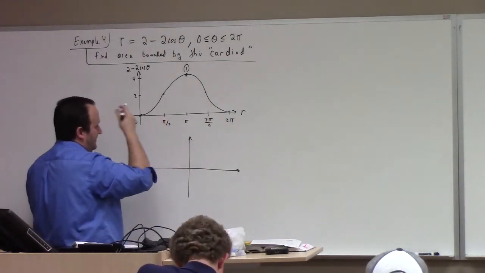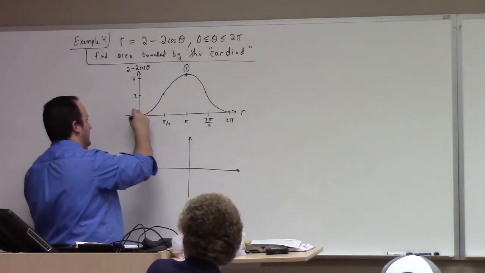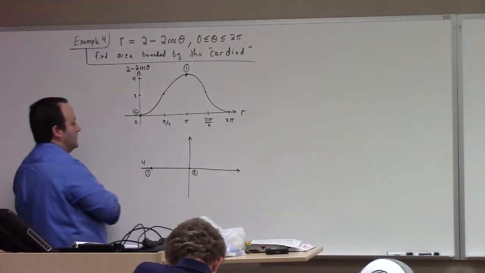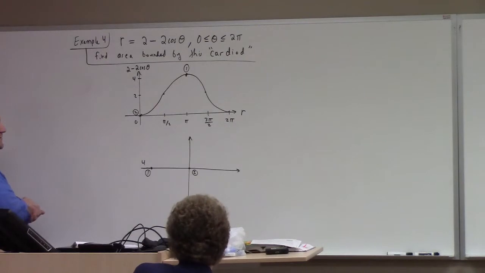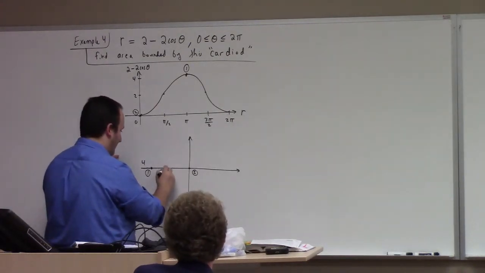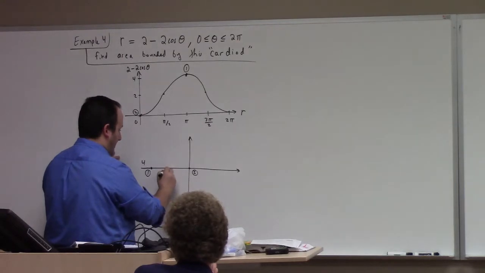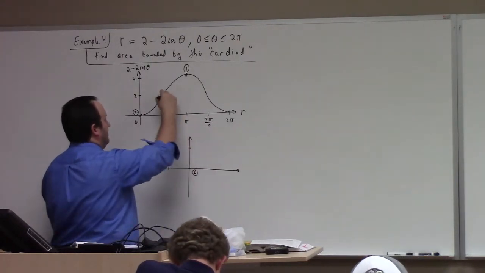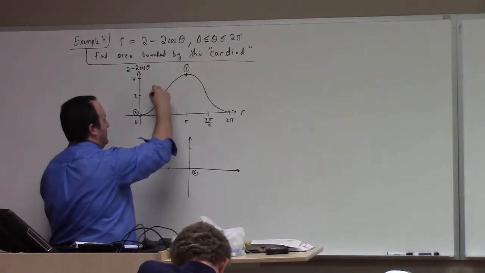The second point I find interesting is the origin. That's interesting. At pi over 2, where is it? It's at 2, right? I might call that point 3.